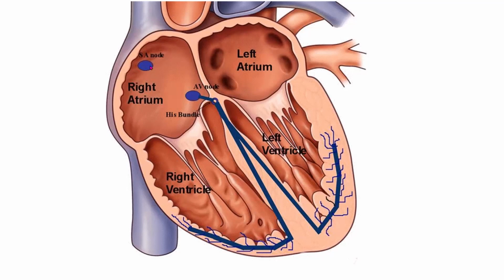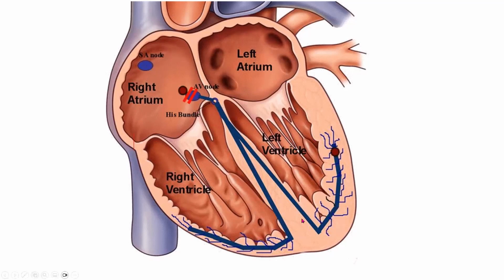So there's a delay between this signal from the SA node, which sends signals to the left and the right here, and then a fraction of a second or so later, you get a signal here, and then the signals come down to the ventricle, and you can see the signals now going through.